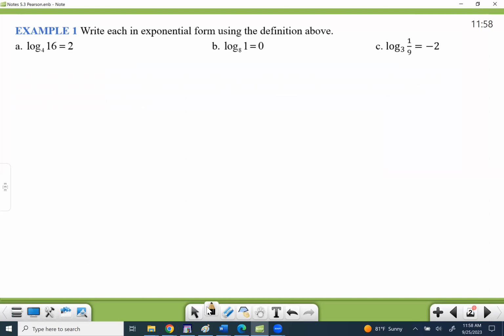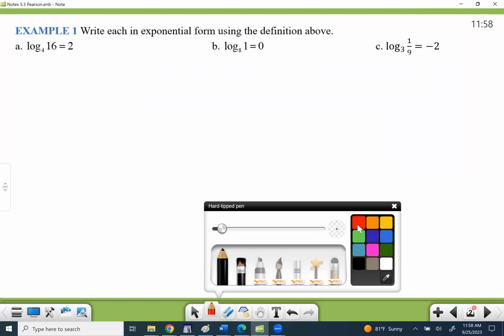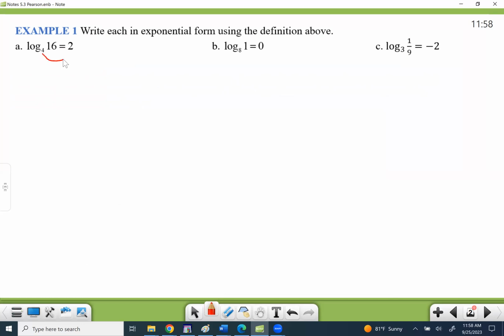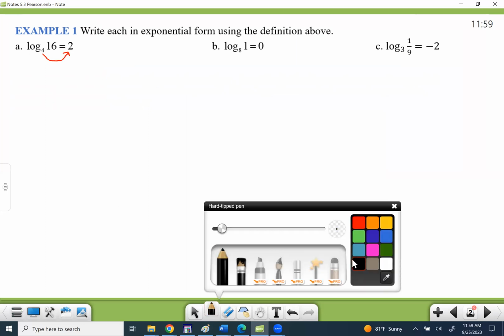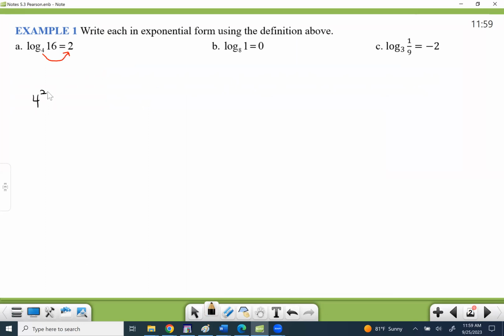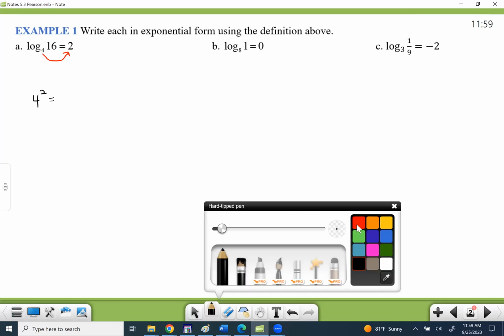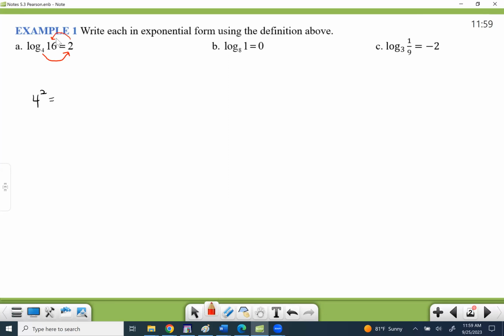Now, in order to find it, this might be helpful. I had a teacher back when I took Algebra 2 in high school that called this the hook method, and I'm just going to take it from him. So, Mr. McCandless, this is a tribute to you here. All right, so the hook method. You start with the base and you cross the equal sign to get the exponent. So this is going to be 4 to the second power equals, and then you come back 16.